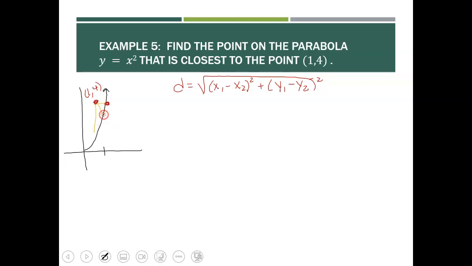But that unknown point is always going to be represented by the point on the curve, (x, x squared), because whatever the x value is, the y value is going to be that value squared, because of the equation y equals x squared. So when I plug into my distance formula, my x1 is going to be x, my x2 is going to be the point 1, my y1 is going to be x squared, and my y2 is going to be the number 4.